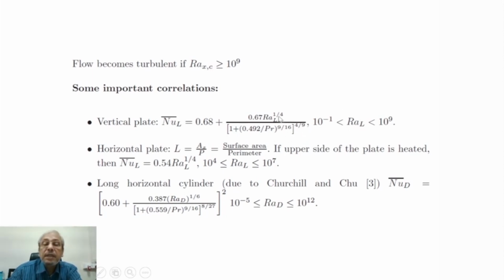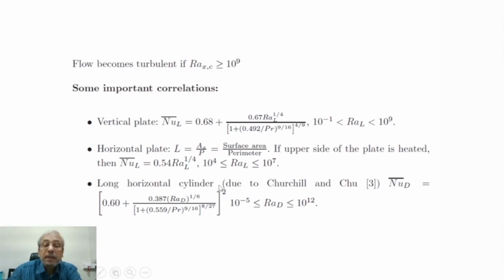And here you can see the expression is in terms of Rayleigh number, and the Rayleigh number limit has been given. Similarly, for a horizontal plate, where the characteristic length is given by surface area by perimeter, it is given by Nu L bar equal to 0.54 Rayleigh number to the power 1 by 4. And again, the range of Rayleigh number has been indicated.